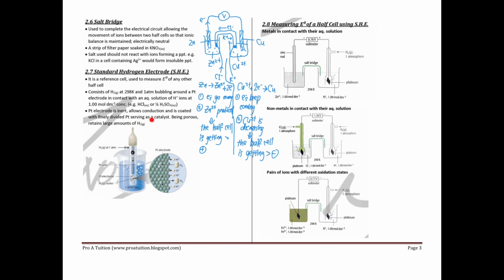Finely divided platinum means like many spheres, so there is space in between the spheres. That's why they say it is porous. Being porous means there is space in between the atoms. So it retains a large amount of hydrogen gas.